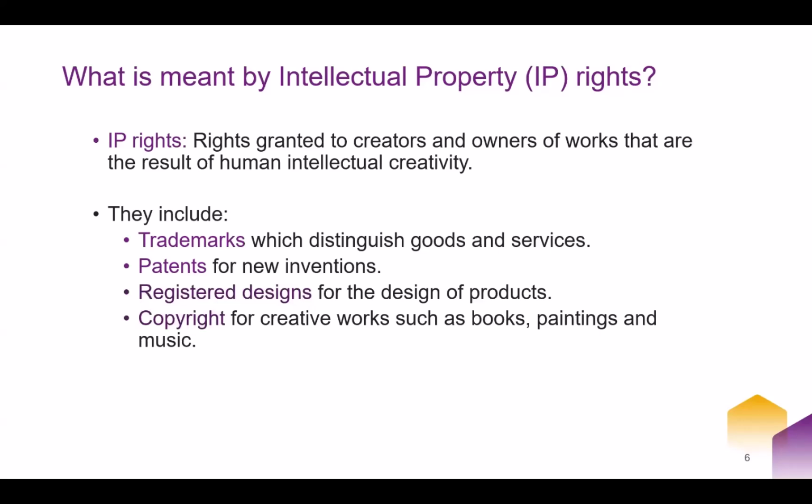It gives its owner the exclusive right to the design of that product. And the final type is copyright, which is the protection offered for creative works such as books, music, literary work. You get some types of protection automatically, but for some types, you need to apply for that. And we will be focusing on copyright today.